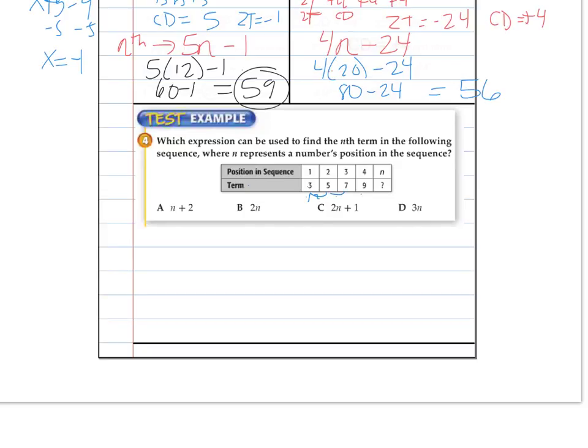So we realize that our common difference is 2, so we can eliminate this answer and this answer, and we figure out what our zero term is. So we say, what number plus 2 gives you 3? So I take 2 away, take that difference away, for 1. So C is my answer.